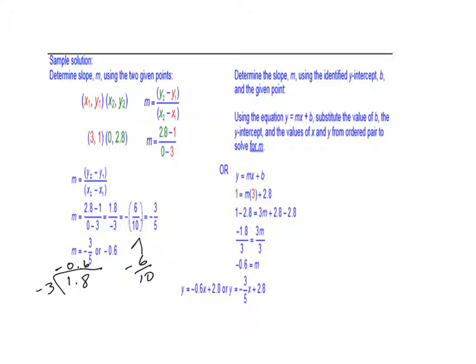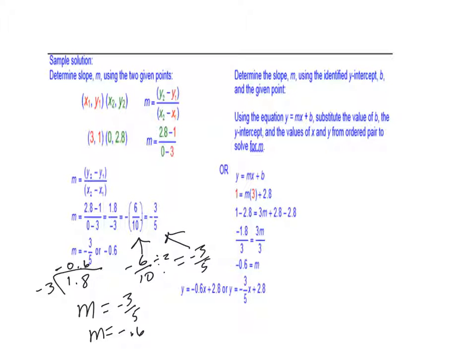This is where this comes from. And then we can simplify that by dividing by 2 both sides, and we'll get a negative 3 over 5. So this is where this comes from, just to make sure you understand that. So that gives us our slope of m is equal to a negative 3 over 5, or m is equal to a negative 0.6.